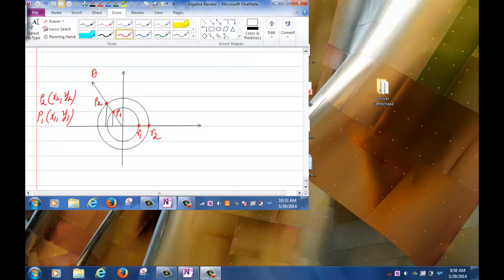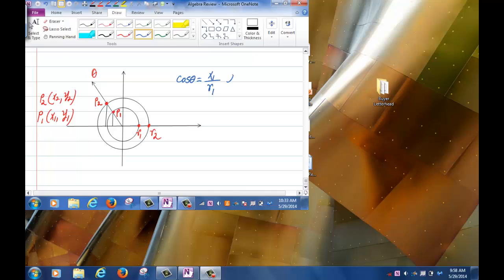Everybody is clear? Then what is cosine theta? Cosine theta for the inner circle. For the inner circle, the cosine theta would be what? x1 over R1, right?